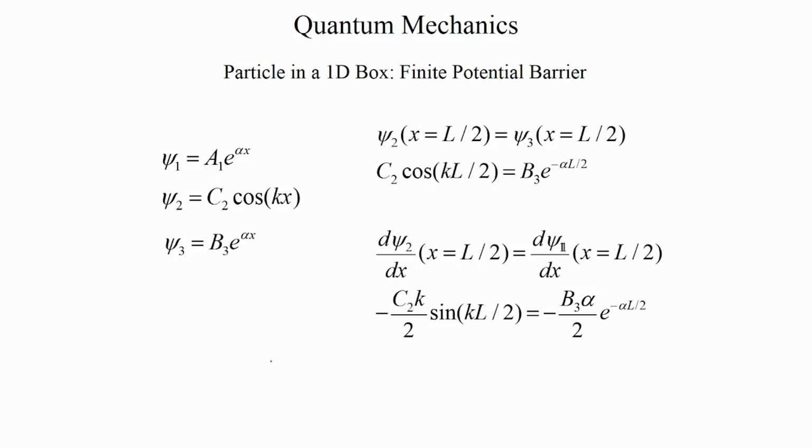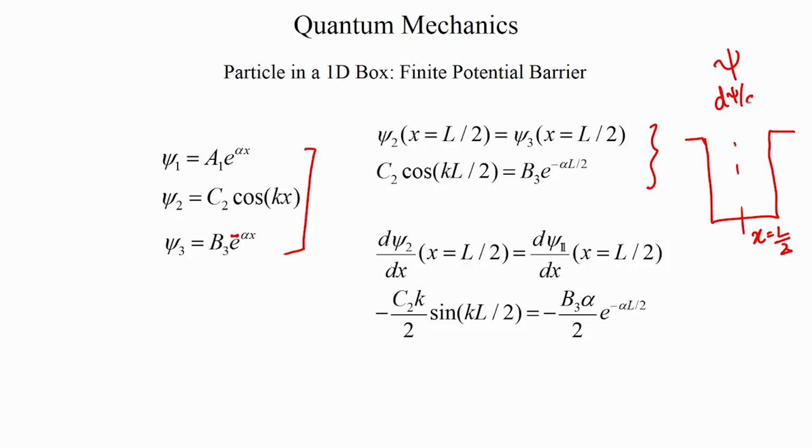Now, what is the second condition? So we have these three solutions. We have the second condition, this is the continuity constraint, but the first derivative of the wave function must also be continuous, right. So if I have x equal to L by 2 here, I must also have not only psi being continuous, but I also need d psi by dx to be continuous.